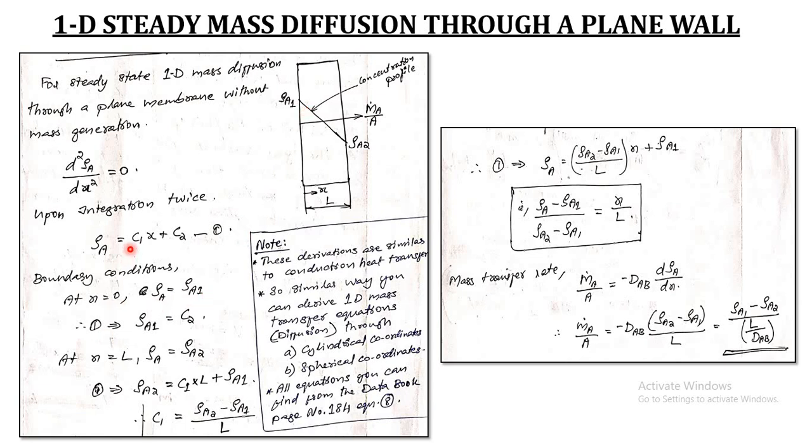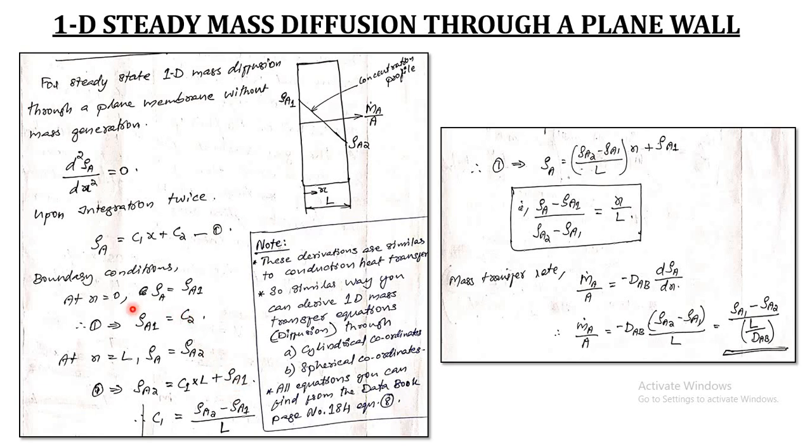So your equation changes to ρA1 equal to C2. At x equal to L, that is the other boundary condition, that is this face, the mass concentration is ρA2. At x equal to L, ρA is equal to ρA2. Apply this here, you will get ρA2 equal to C1 L plus C2.